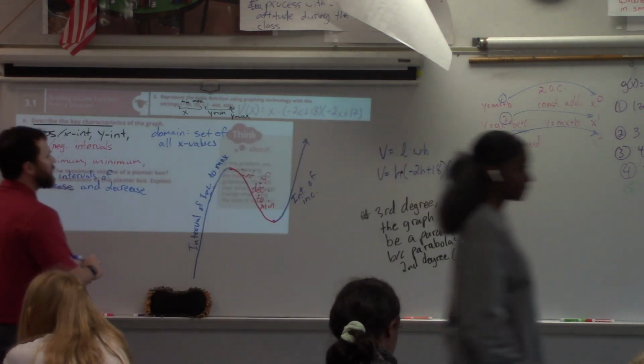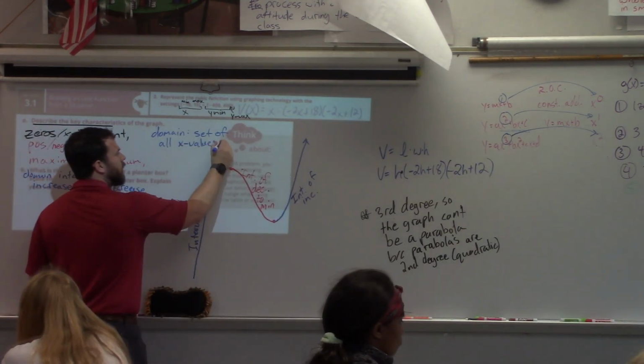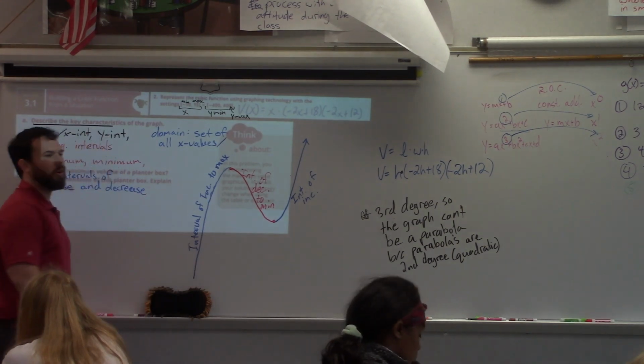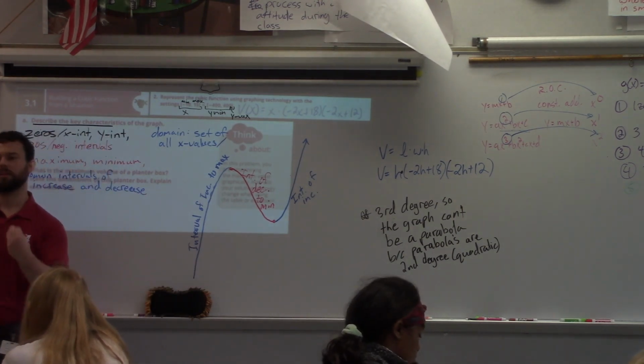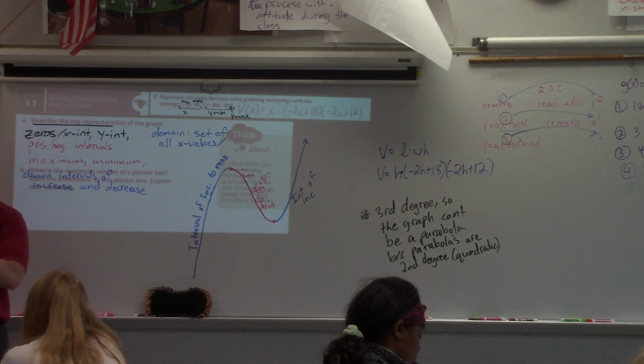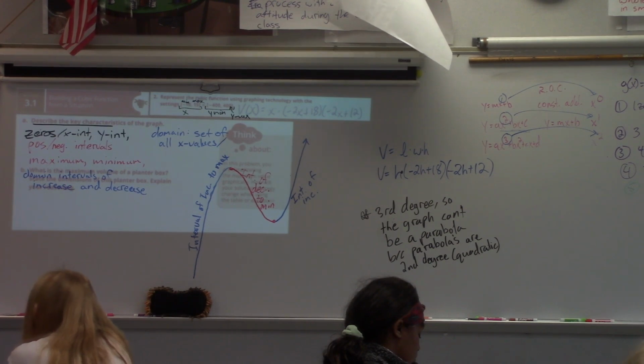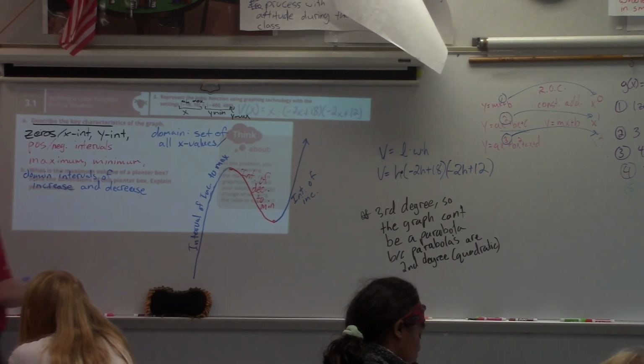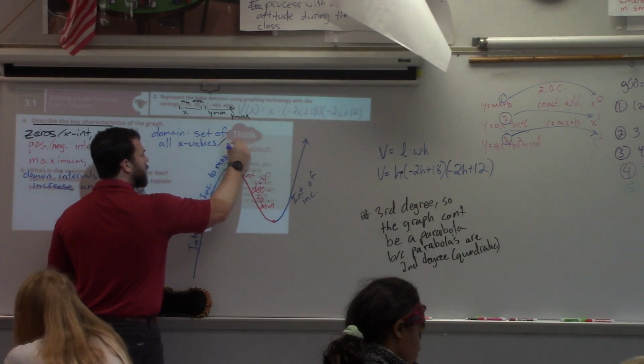So, domain is the set of all x values, which, by the way, what do we also call x values? Remember, zeros are only the x-intercepts. It's not all x values. Those are what I substitute in the function, so they are called my inputs. Right, so the set of all x values or inputs.